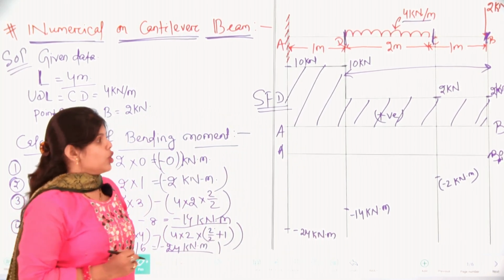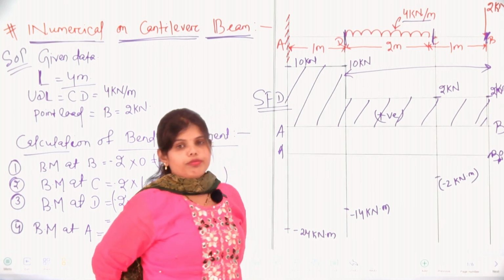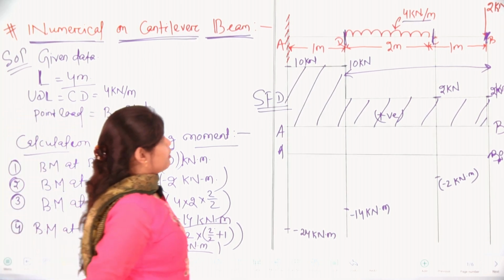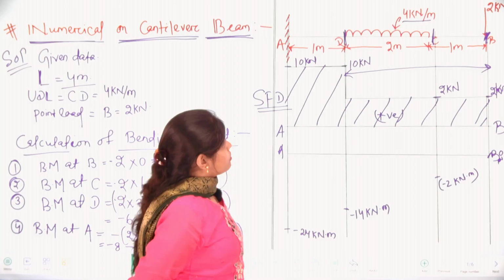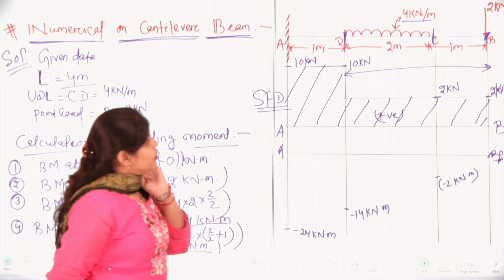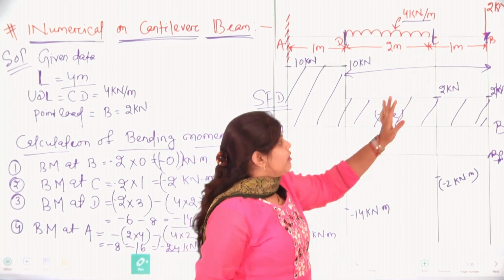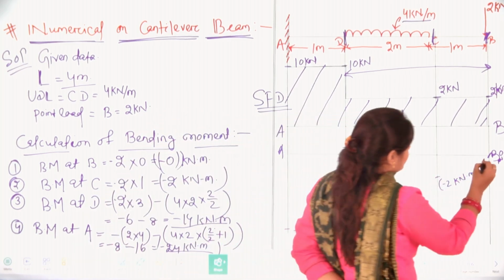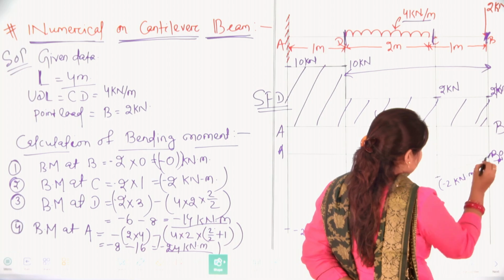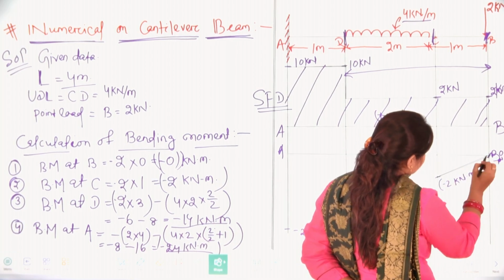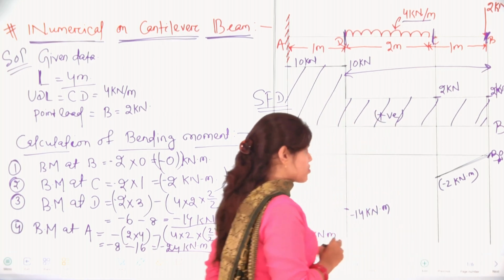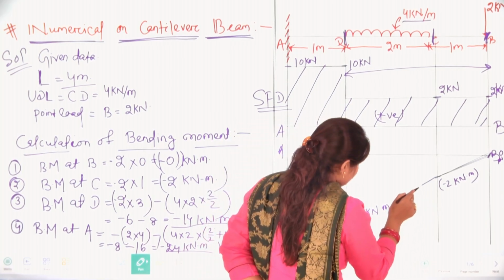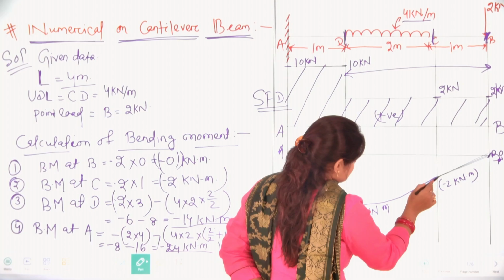As we know from previous classes, in case of UDL on a cantilever beam, we will have the diagram in parabolic form. But in case of point load, we will have a linear diagram. So, remember, here to here you will join in a straight line, but these to this will be a little bit parabolic like this.